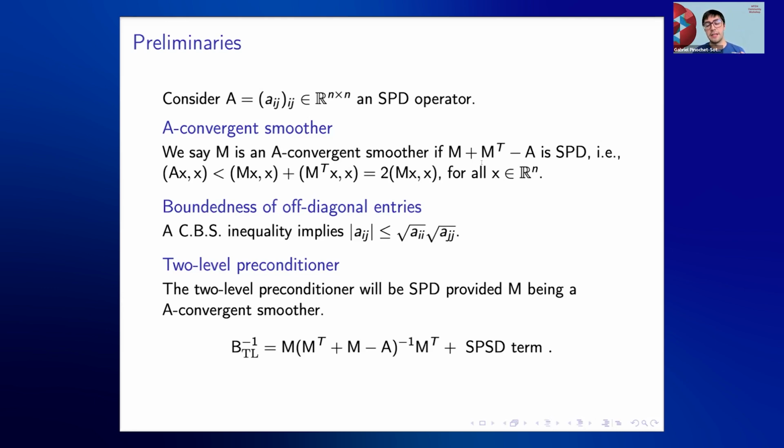This implies that the error propagation matrix of the method has norm strictly less than 1 in the A norm.